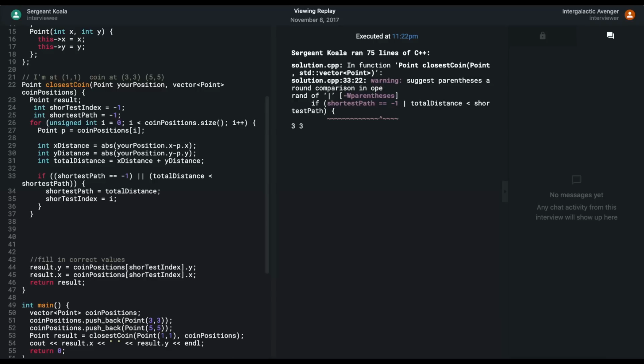So now we're going to crank this up a notch. First question is, what's the runtime of this algorithm? Well, it's going to be proportional in part to the number of coins, obviously, because it has to iterate through every single coin. So let's call the number of coins n.